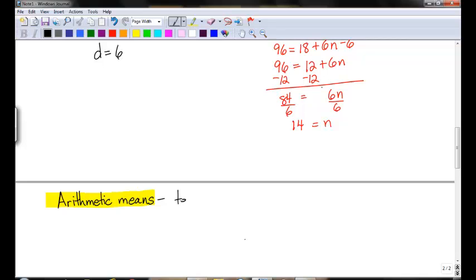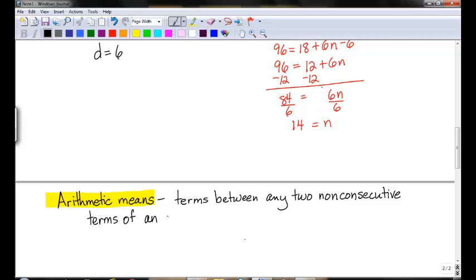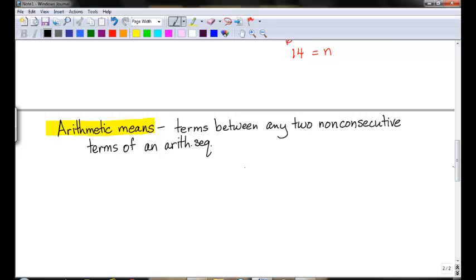Arithmetic means are terms between any two non-consecutive terms of an arithmetic sequence, and you can abbreviate it if you want to.